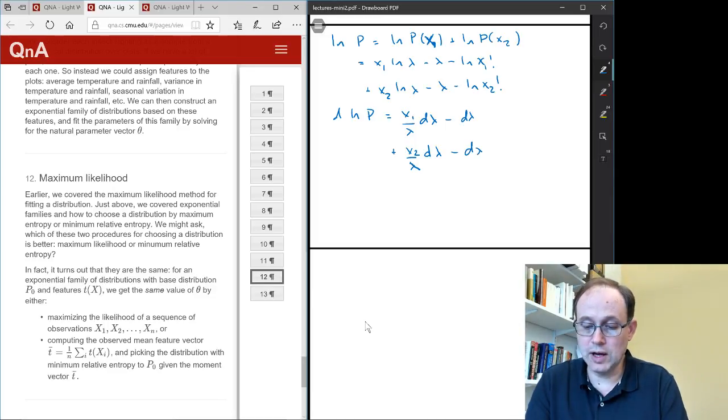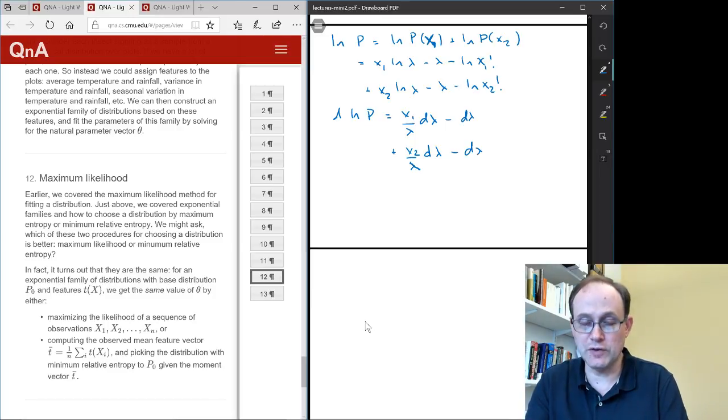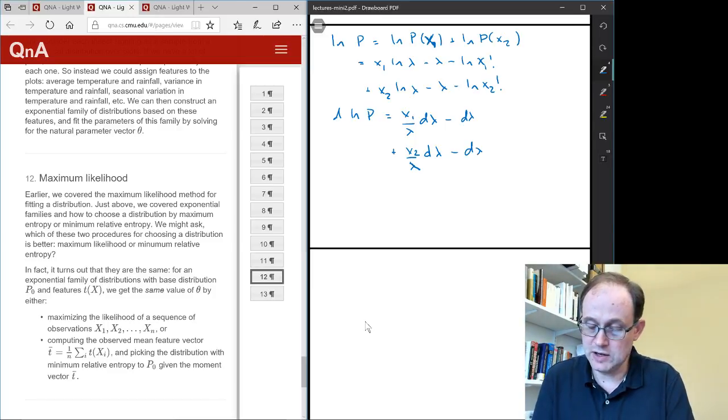And so for the gradient to be 0, for all values of d lambda it has to be 0, and so the coefficient of d lambda has to be 0. And so that says that 0 is equal to x1 over lambda minus 1, plus x2 over lambda minus 1, right?